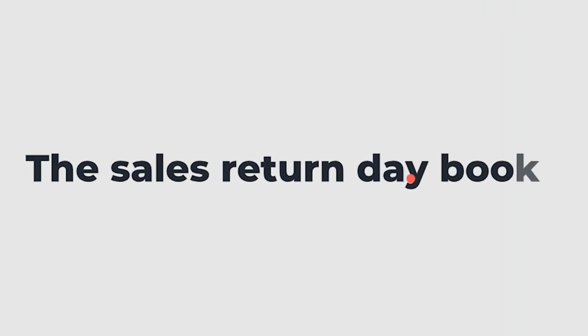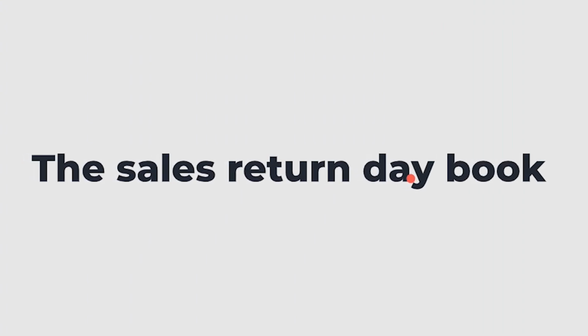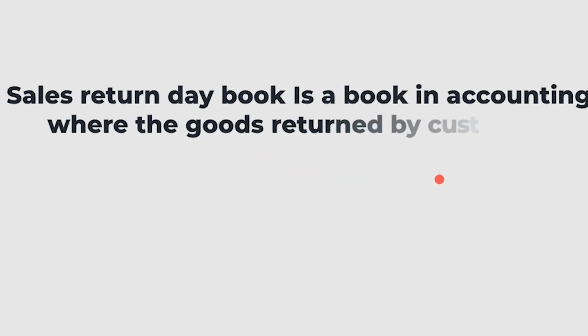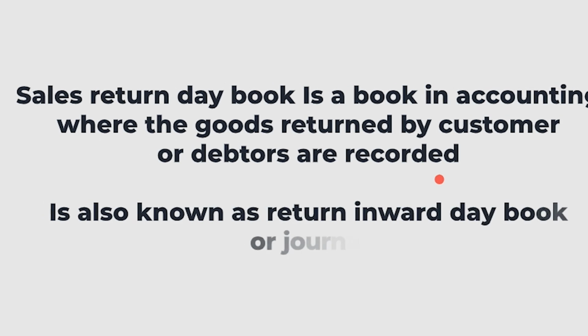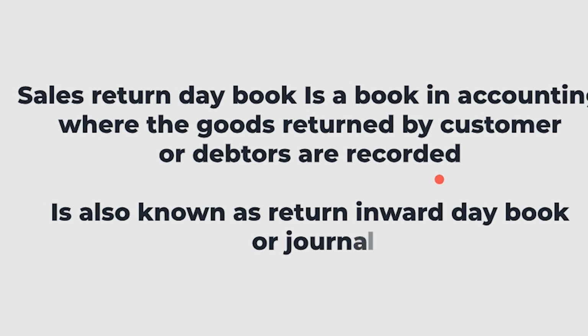So now, the next one is the sales return day book or return inwards day book or journal. The return inwards day book or journal is a prime book of accounts that is used to record goods that have been sold to customers earlier on, which they return back to the organization because they are no longer buying, equally due to defectiveness or it wasn't what they ordered for, that the organization sold to them.